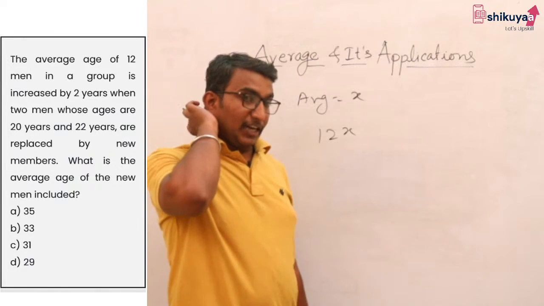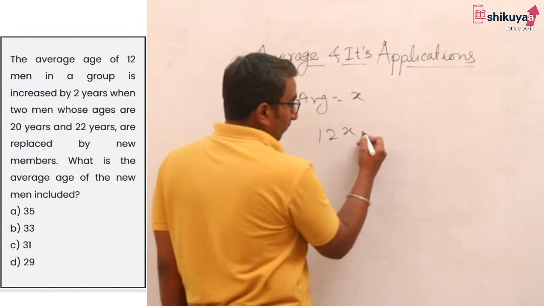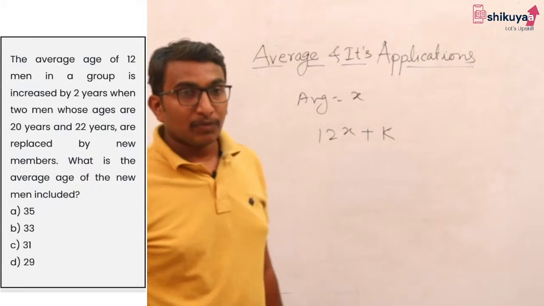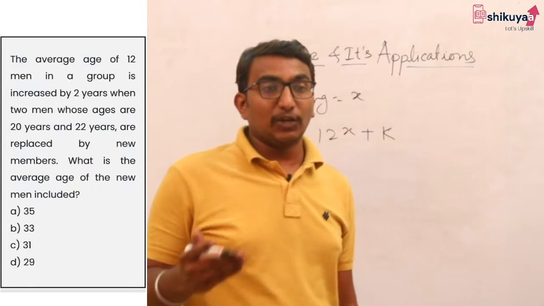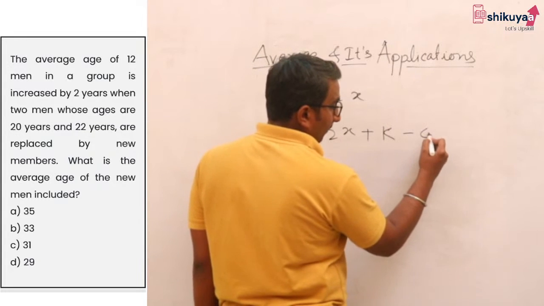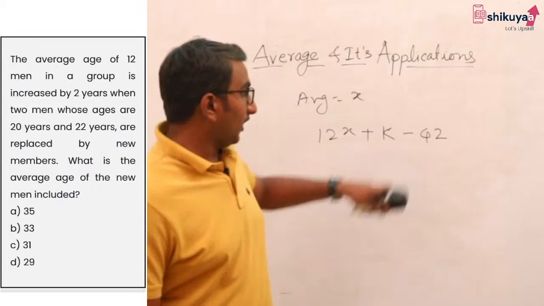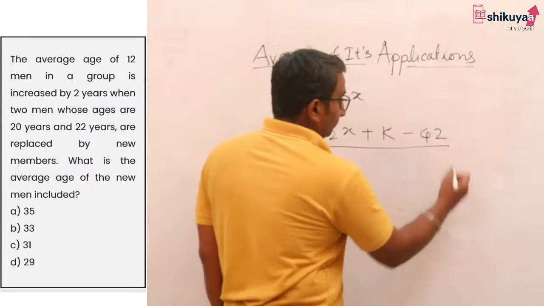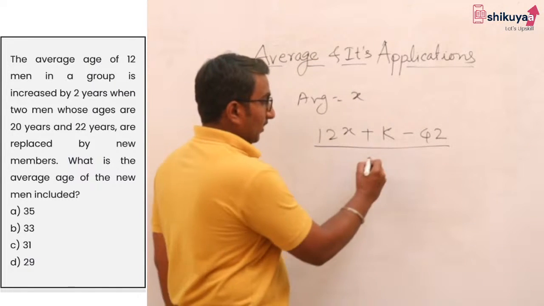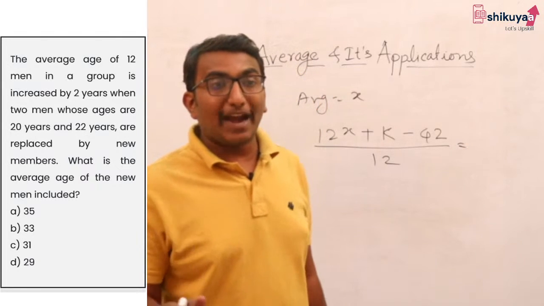Now 20 and 22 are replaced by new members. So for the new members, let us keep the addition as plus k, and the 20 years and 22 years, it is a replacement, so let's keep it as minus 42. 20 plus 22 is 42, divided by the total number of elements, here 12, which is equal to, now what is the impact on average?